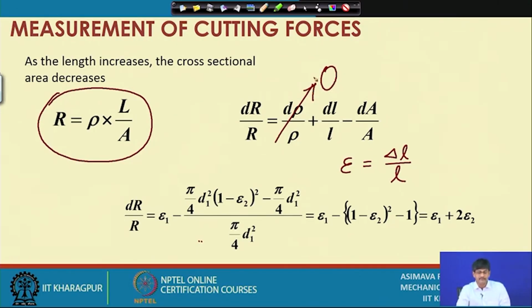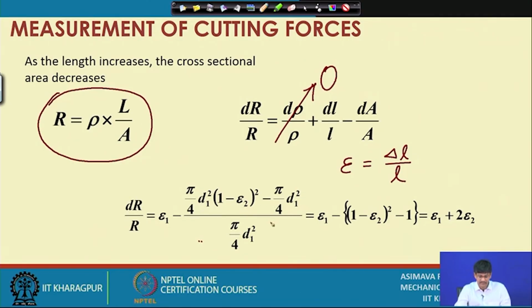Hence, in the leftover terms what we notice is that dL by L is nothing but the strain, and dA by A we painstakingly put in all the terms, so that we get pi by 4 into changed value of diameter square minus pi by 4 into d1 square, original diameter.